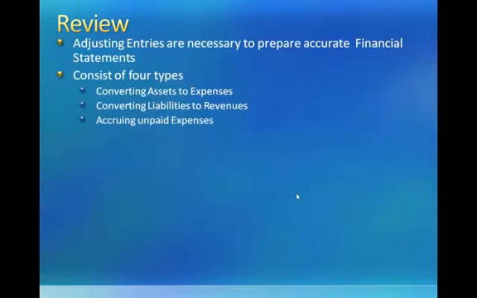The third entry accrues unpaid expenses, which acts to make sure that net income is not overstated. And the fourth and final entry accrues uncollected revenue, which helps ensure that net income is not understated. In the next few modules, we will provide examples of each type of adjusting entry.